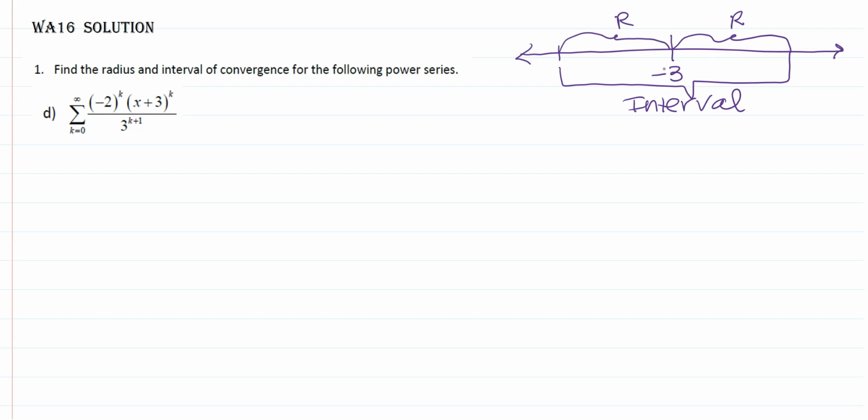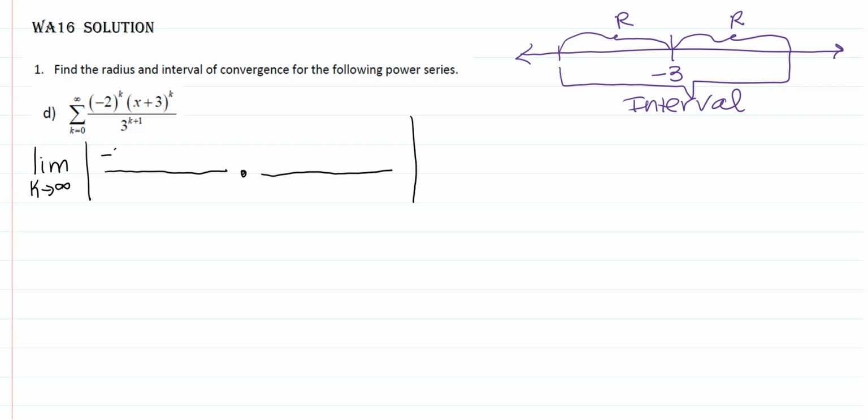So first, in order to find the radius of convergence, we will either use the ratio test or the root test. In part D, I think I am going to use the ratio test. So I would say limit as k goes to infinity of a sub k plus 1 divided by a sub k. I'm planning ahead here. A fraction divided by a fraction is the thing multiplied by its reciprocal.